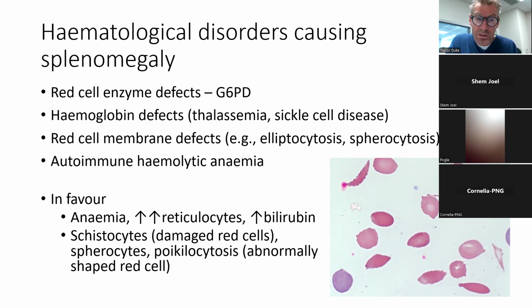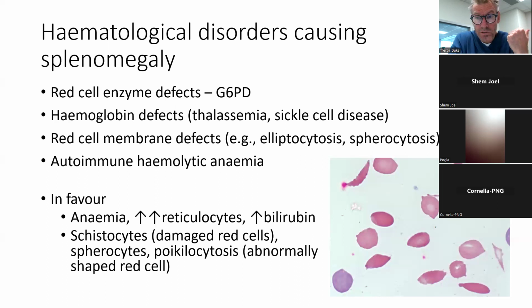If you think about a red cell, it has a membrane. Sometimes there are defects of the red cell membrane, such as spherocytosis or elliptocytosis. Sometimes there are defects of the red cell enzymes within the cell, such as with G6PD deficiency. Sometimes there are defects within the hemoglobin itself, which is within the red cells, so thalassemia or sickle cell disease.